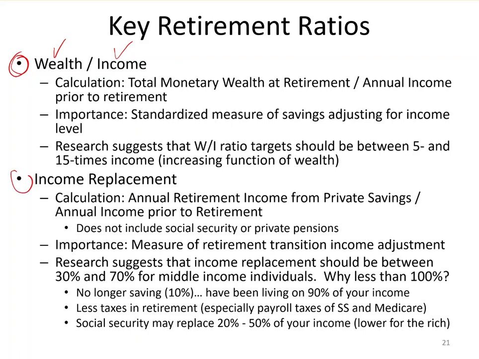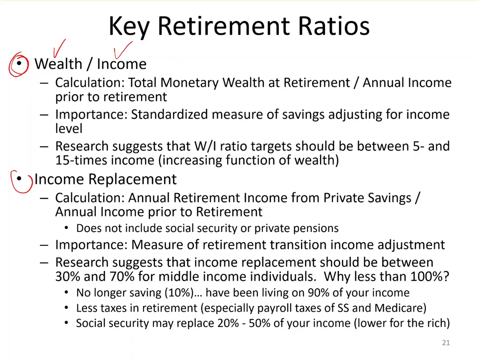The income replacement ratio is the other one that's really important, and that is in retirement, how much of your income do you need to replace using your private portfolio savings or retirement savings to preserve your consumption throughout your life. In other words, when you retire, you don't want to reduce the quality of your life. You want consumption to be relatively constant.